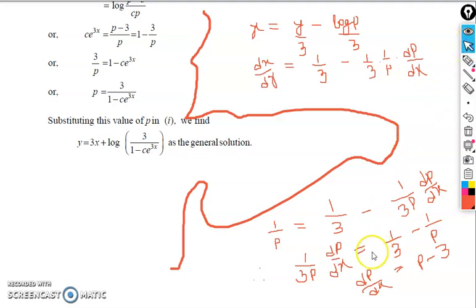The next part becomes dp/(p minus 3) equals dx.